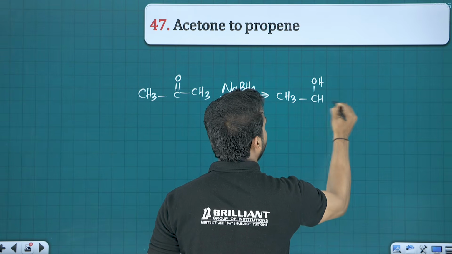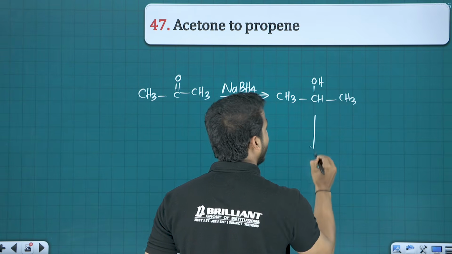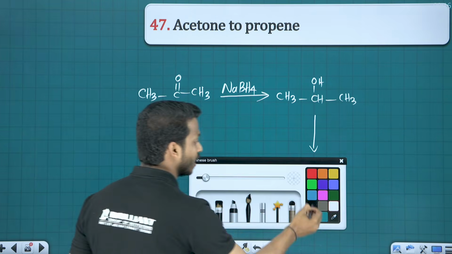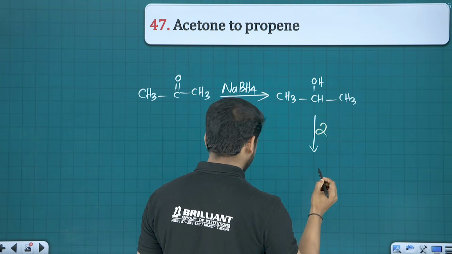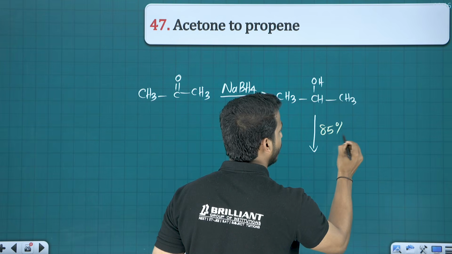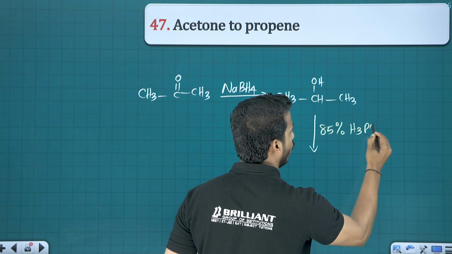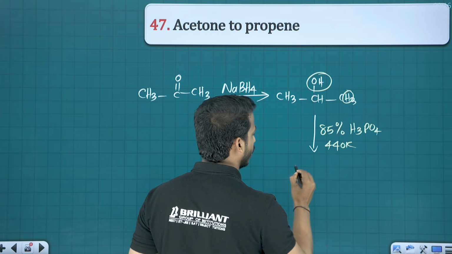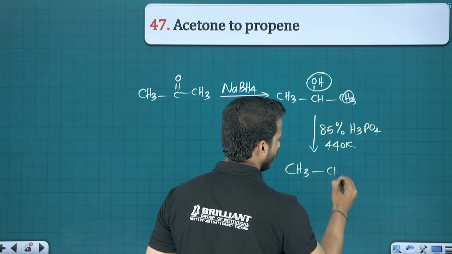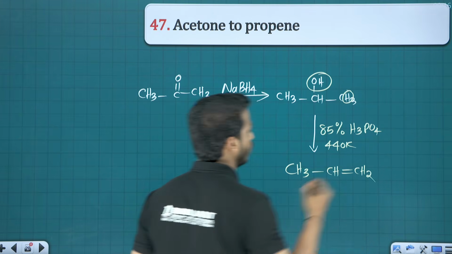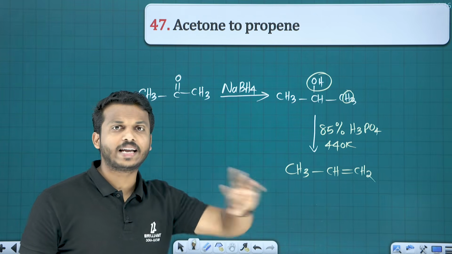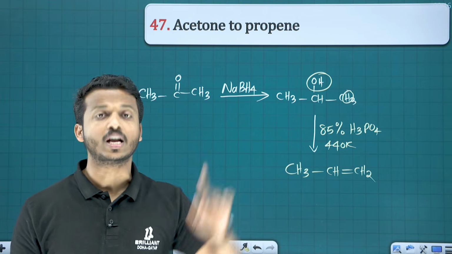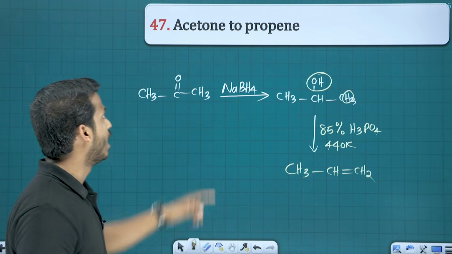Alcohol on dehydration, we get alkene. So what is the reagent? For secondary alcohol, we are using 85% H3PO4 at 440 Kelvin. OH and H cut, we will get propene. So dear, how to check this one? Ketone to alkene, directly it is not possible, but ketone we can convert to alcohol first. Alcohol on dehydration, we get alkene.